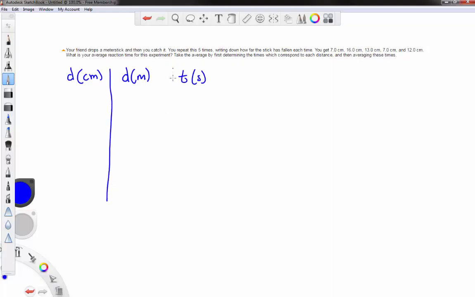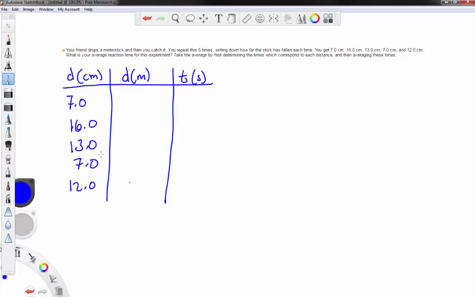Now, you don't have to do it exactly this way, but for me this is maybe the easiest way to organize this information. So the distances given: 17 centimeters, 16, 13, 7 again, and 12. And in each case it's a 0.0.